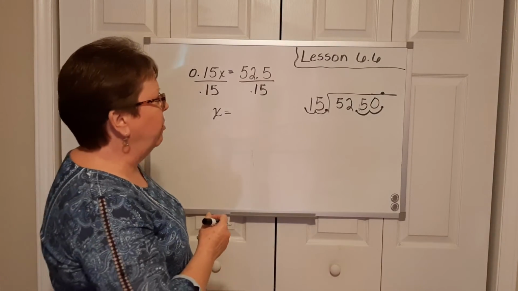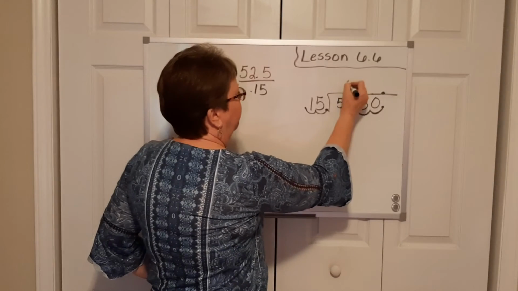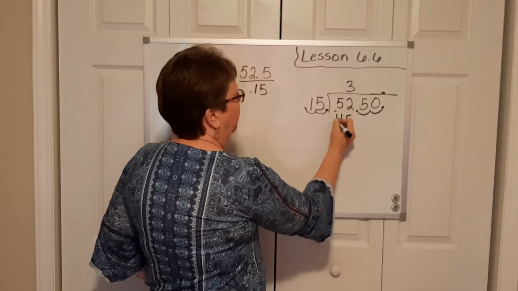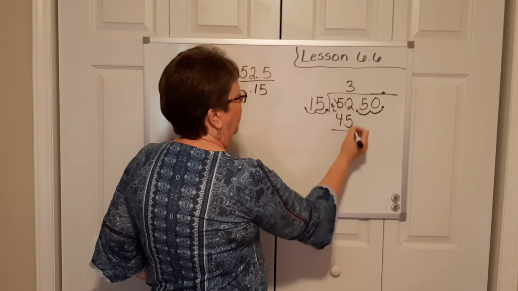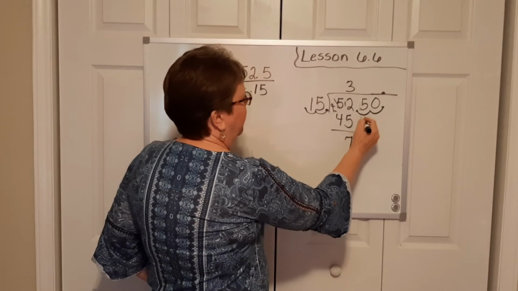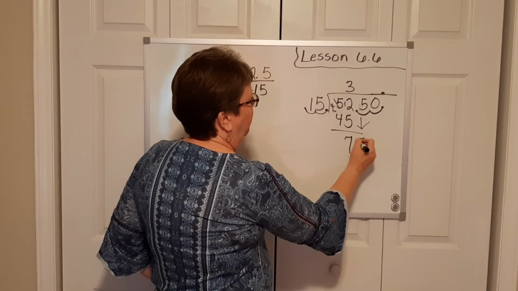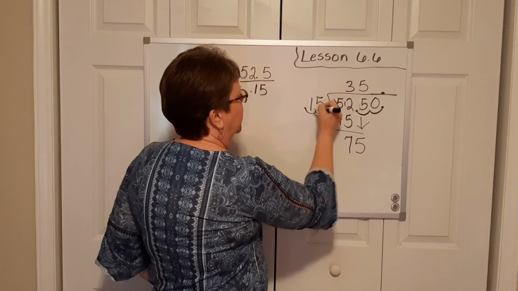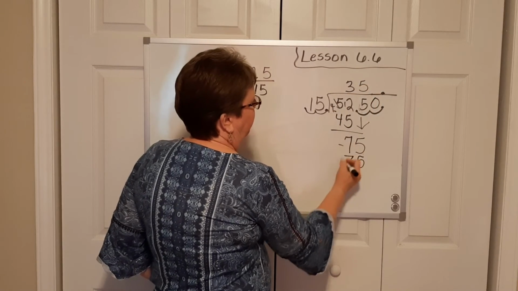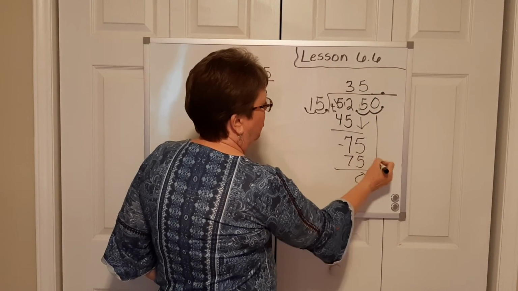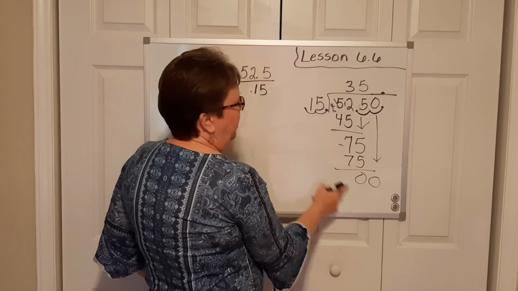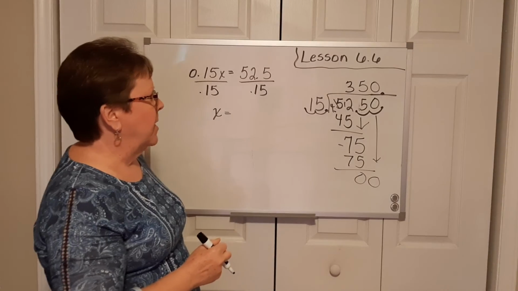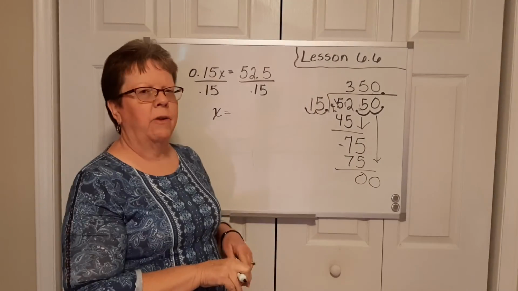Now we just go ahead and divide. 15 times 3 is 45. Then let's bring down our 5. 15 goes into 75 5 times, which would be 75. Subtract, we get 0. We've got one more 0 to bring down. 15 cannot go into 0, so we're going to have to put our 0 there. So that answer would be 350.